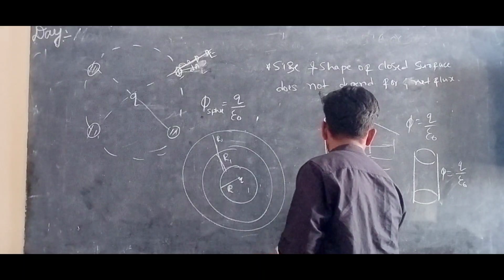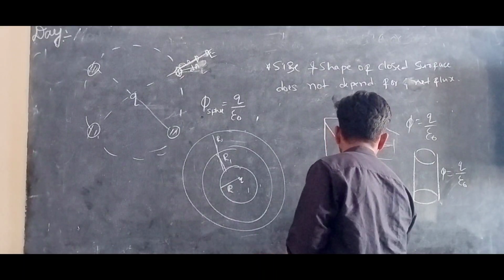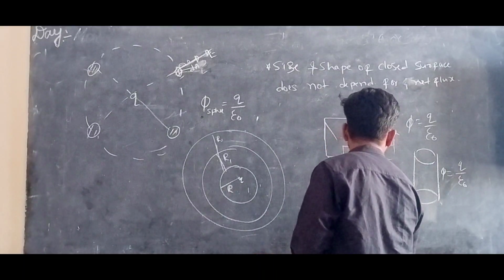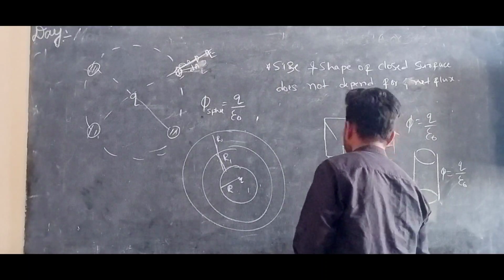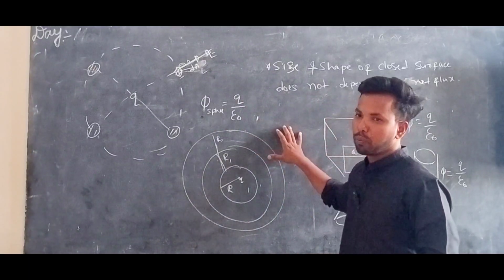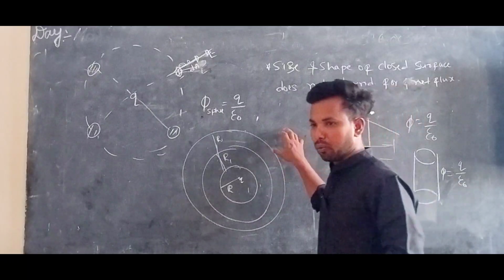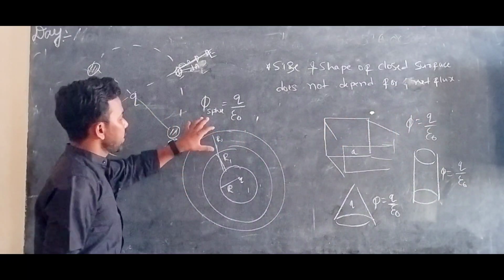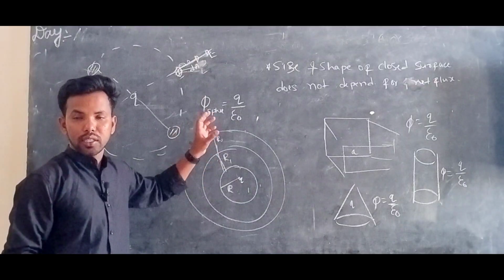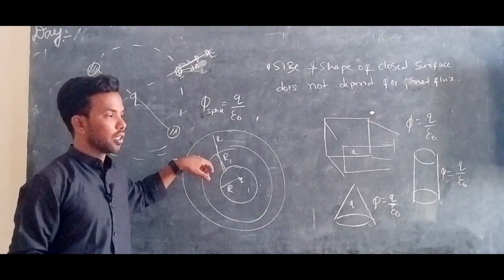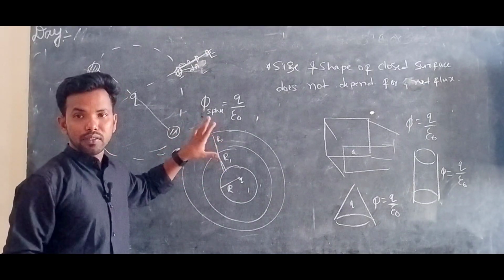Today's theory part is there. Here also the flux is what? Q by epsilon naught. So from this part, what I'm trying to prove is that flux does not depend on the shape and size of the 3D surfaces. It's purely independent of shape and size.